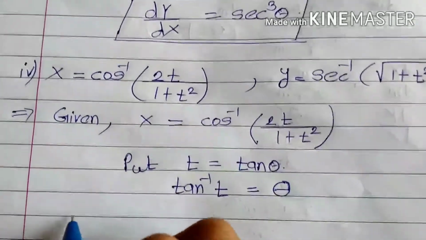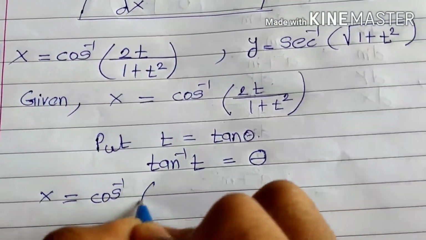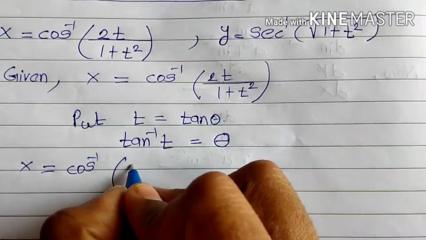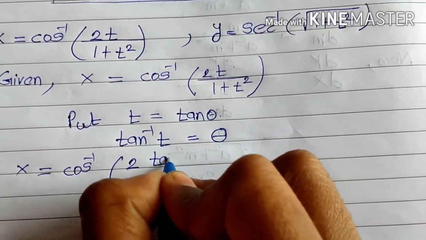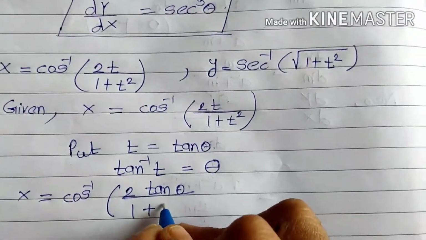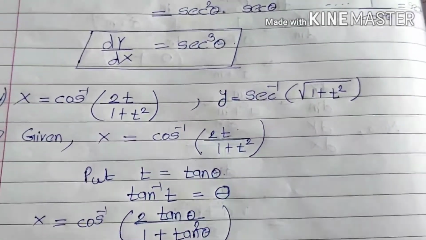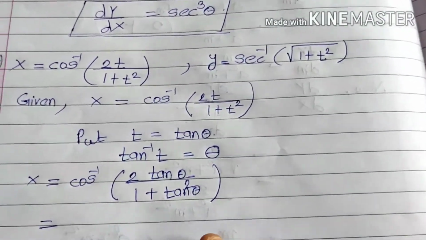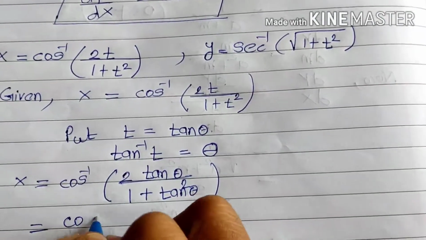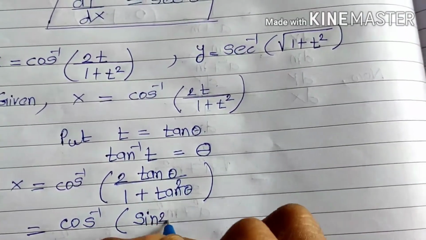Now put x is equal to cos inverse of 2 tan theta upon 1 plus tan square theta. Now it is a known formula, which is sin 2 theta.